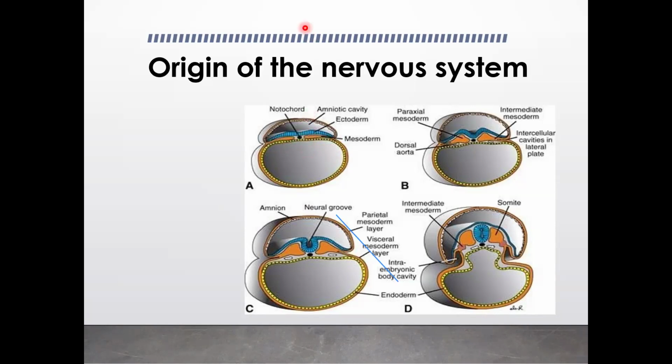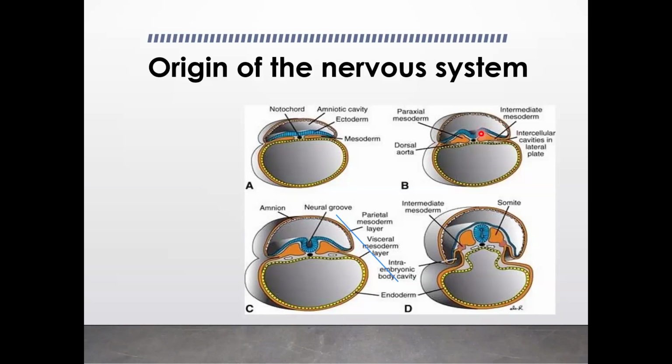Meanwhile, someone can tell us three or four functions of the notochord, as we talk about this mesoderm differentiating into three regions. You'll have the paraxial mesoderm, the intermediate mesoderm, and then the lateral plate mesoderm. Today we won't be talking about endoderm, we won't be talking about mesoderm, we'll be talking about the ectoderm.